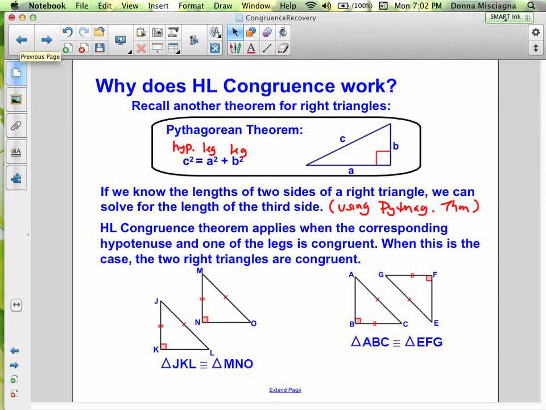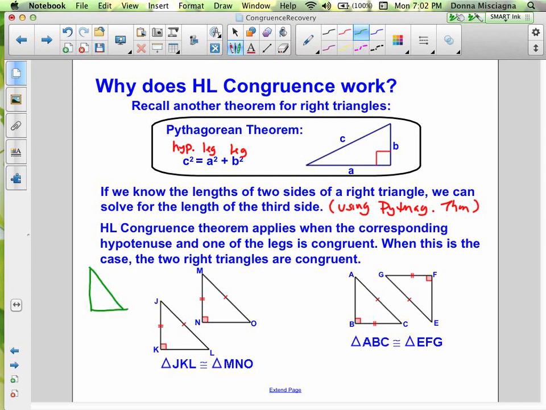So if those two sides happen to be a leg and a hypotenuse, we can prove the triangles congruent using hypotenuse leg. And you might say, well, what if it were two legs? Could we still prove the triangles congruent if we knew the two legs were congruent? Well, yes, it would just be side angle side.